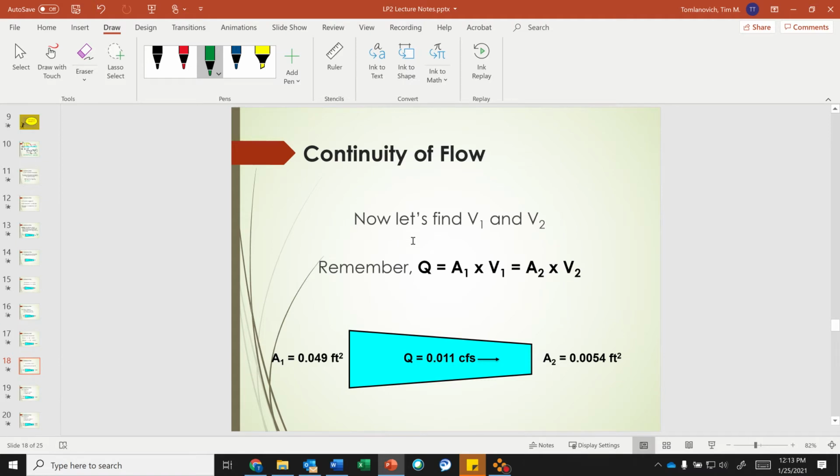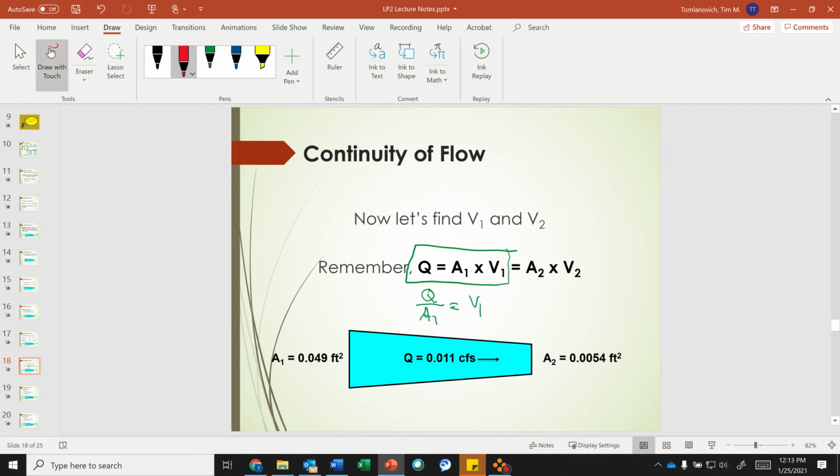Okay. Now let's find V1 and V2. Remember, Q equals A1 V1 and Q equals A2 V2. So let's find V1. There's our equation. You take Q divided by A1 equals V1.